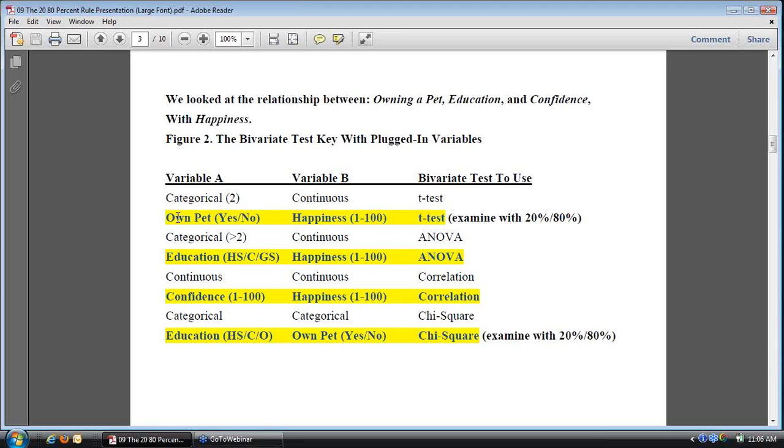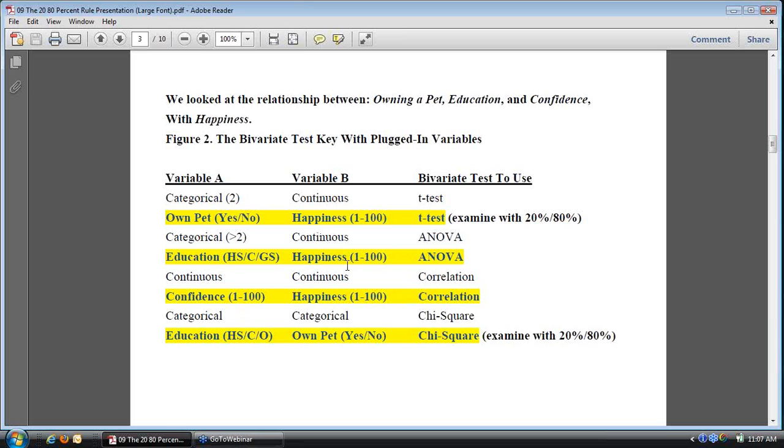When we take owning a pet, yes, no, and compare it to happiness, which is continuous, measured on a scale of 1 to 100, we have a two-category variable and a continuous variable, so you would use a t-test. Our categorical variable education, which has more than two categories, and our continuous variable happiness, you would use an ANOVA.